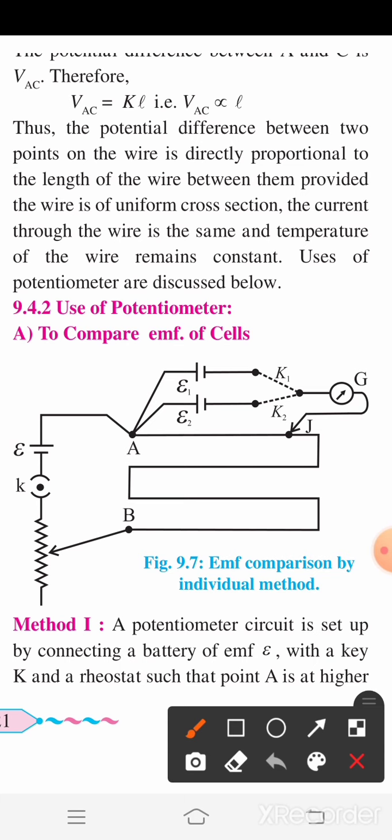There are two methods for the comparison of EMF of two cells. The first one is the individual cell method and the second one is the sum and difference method. In the first method, the individual cell method, we use the cells whose EMF is to be compared individually.